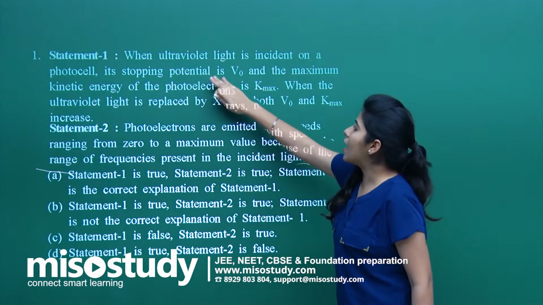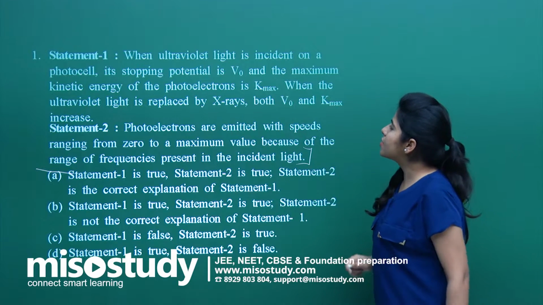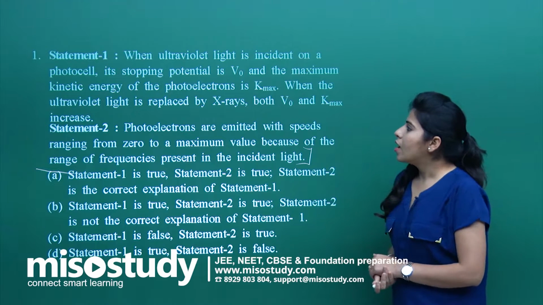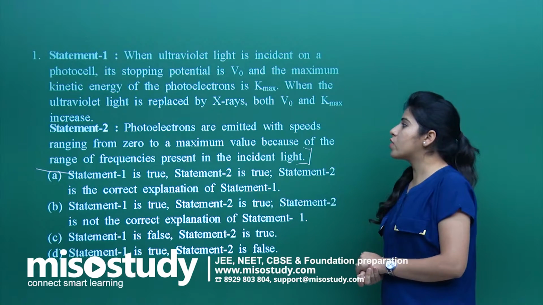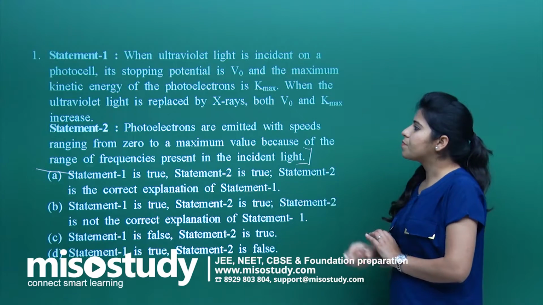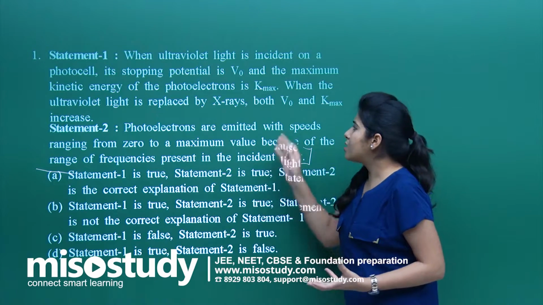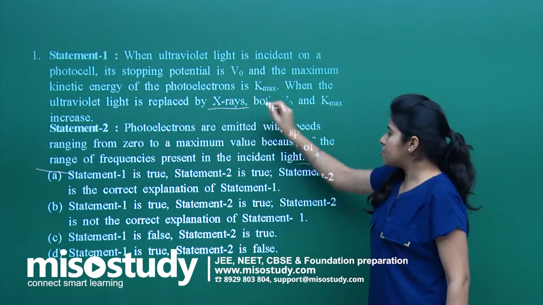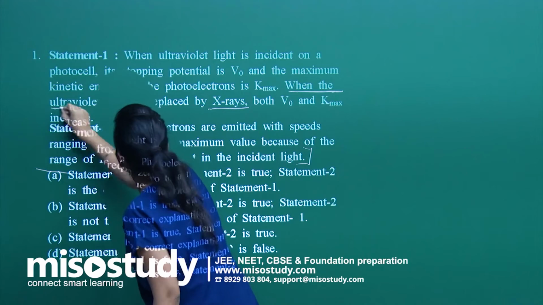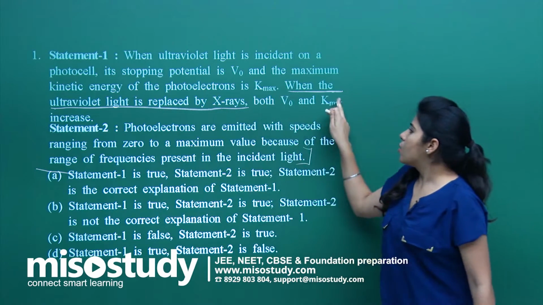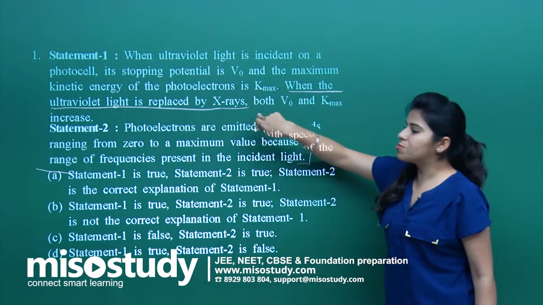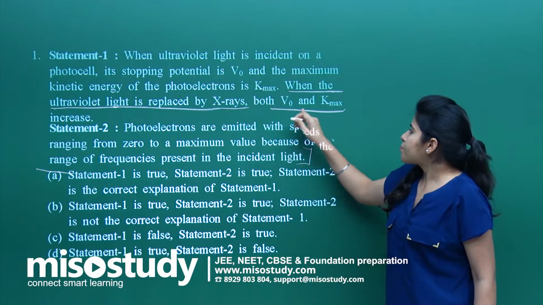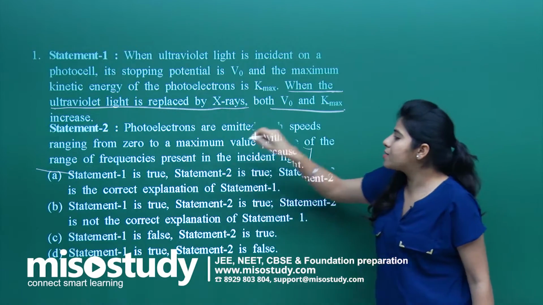Statement 1 says that when ultraviolet light is incident on a photocell, its stopping potential is V0 and the maximum kinetic energy of the photoelectrons is K max. The important line in this question is: when the ultraviolet light is replaced by X-rays, both V naught and K max increase.